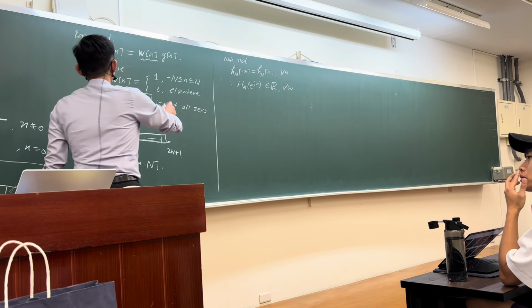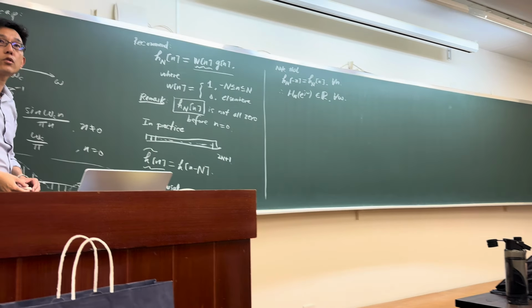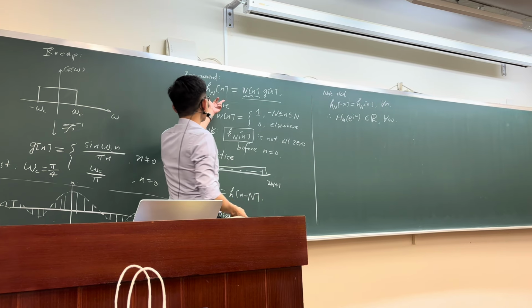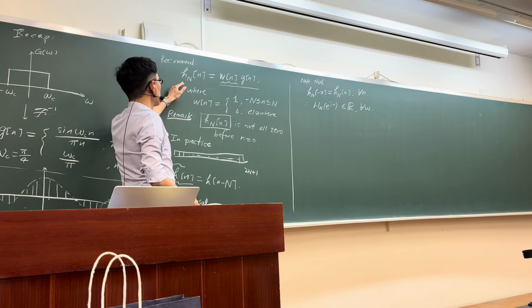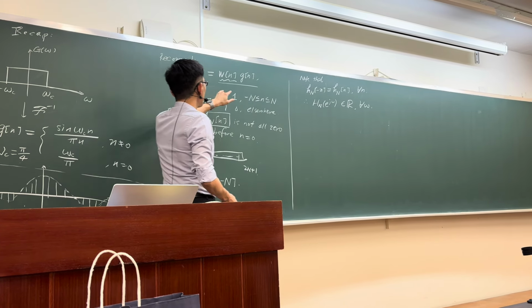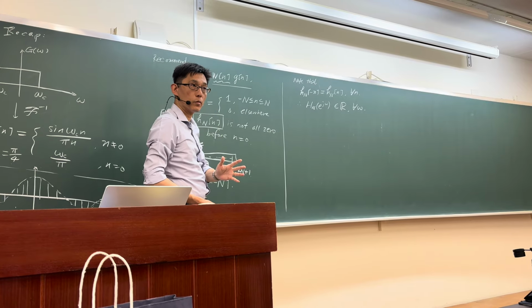But last week, in the end, we also mentioned that when we multiply two signals, a nice way to look at this expression is that our design is to multiply the ideal response with the window function in the time domain.